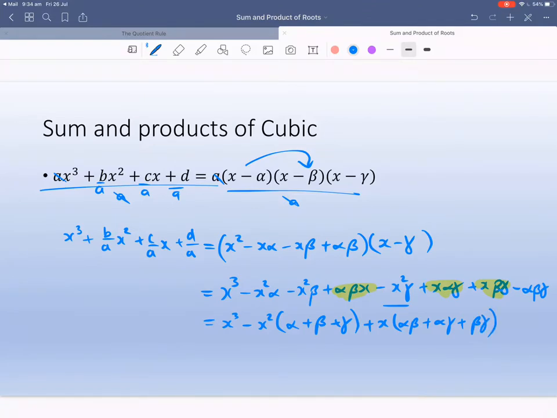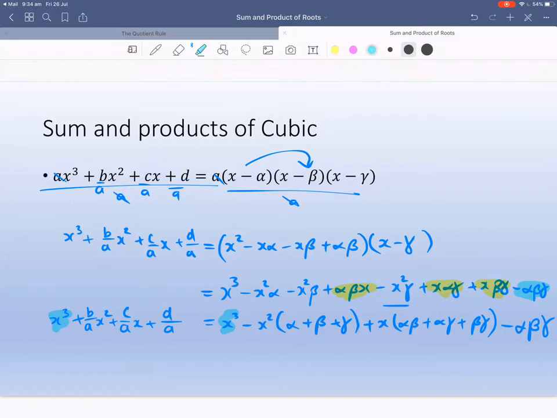Okay, and last but not least, we have this one here. So it's just going to be minus alpha beta gamma. All right. And now all this still equals this here. All right. So now we can equate things. Okay. So x cubed still equals x cubed.